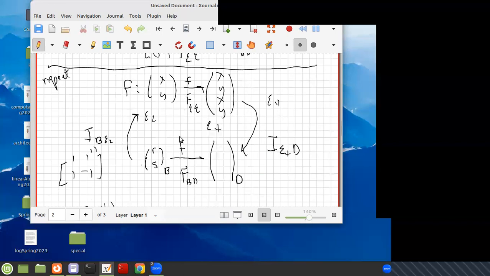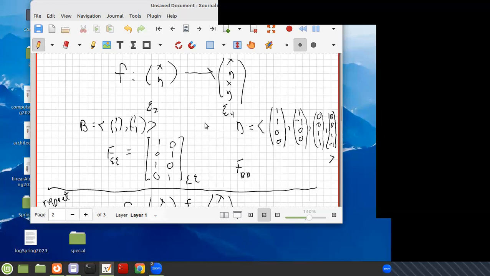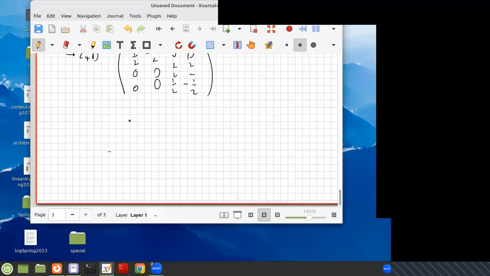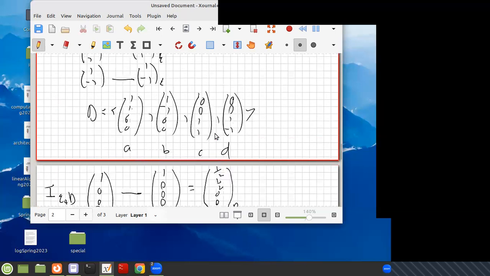Once we had these identity maps, these change of basis maps here, we could then use them for any map up here, right? So now we can calculate F from E2 to E4. So over here, what is this?